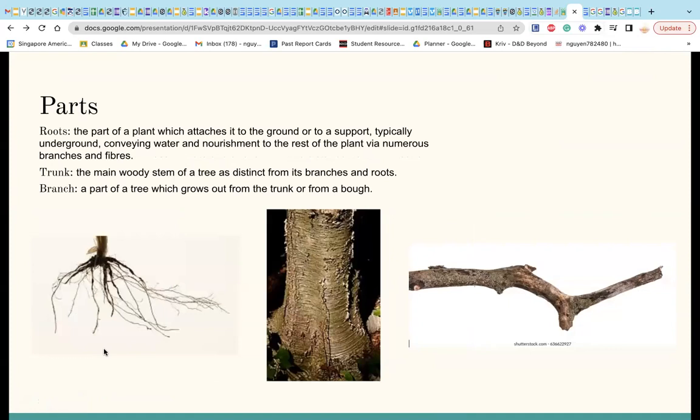The parts of the tree. So first we have the root. What is the root? You guys probably know what the root is. The root is the part of a plant which attaches it to the ground or to a support, typically to the ground.